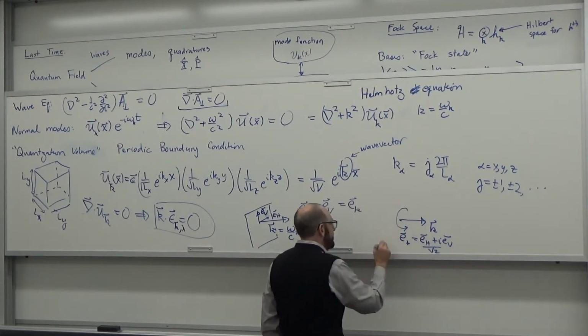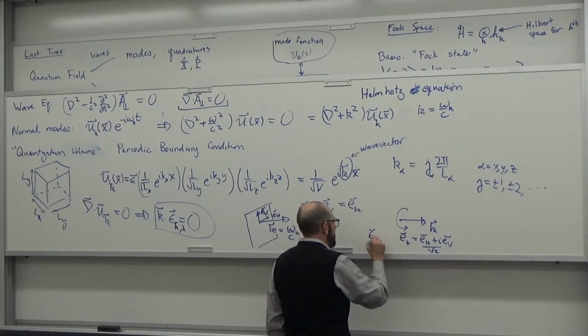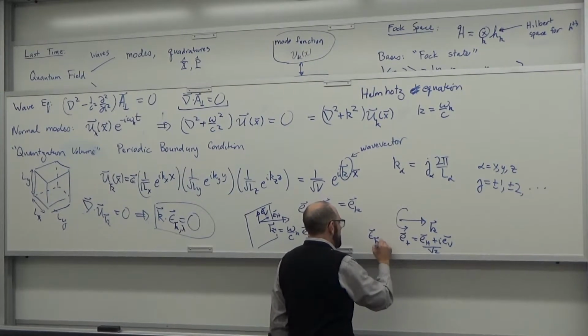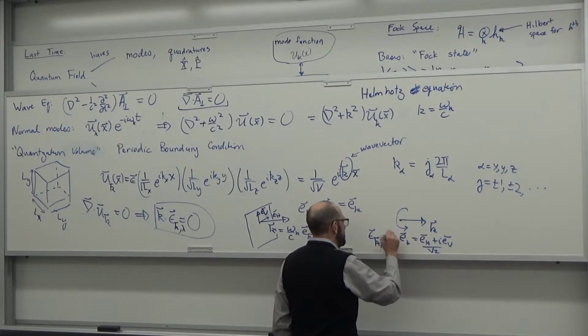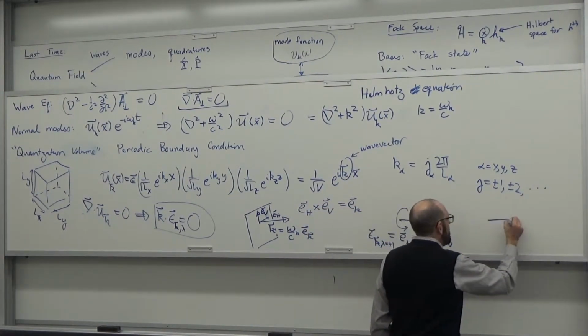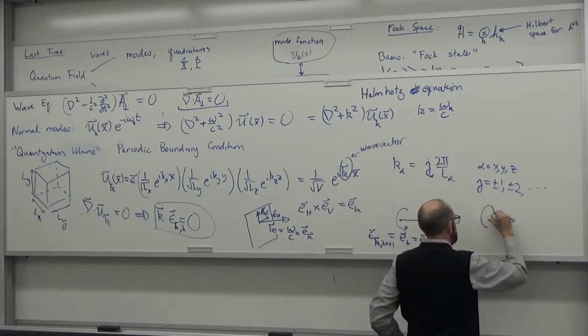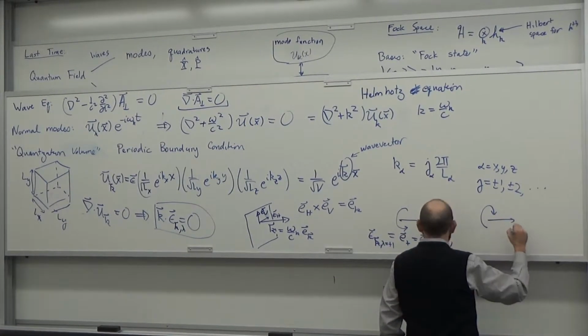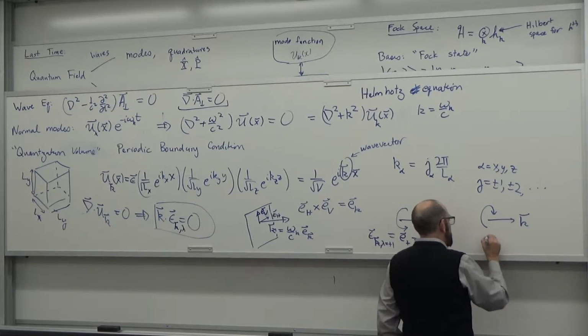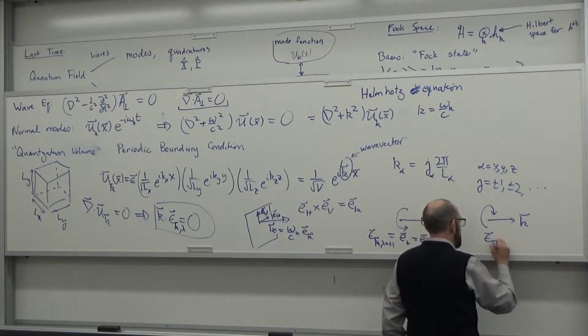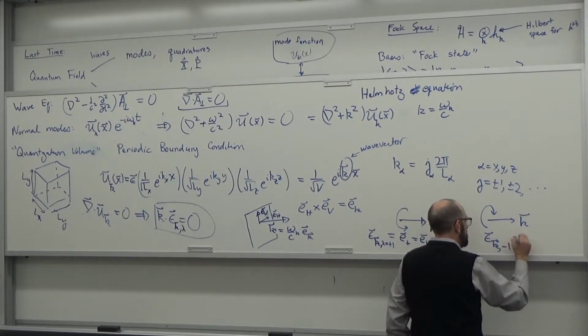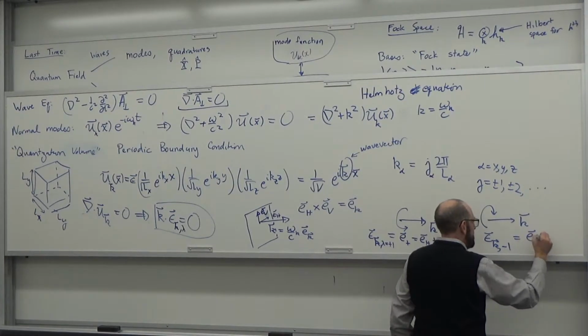So this is epsilon_k,lambda with lambda equals plus 1. Or the other way around. If the polarization is rotating like that, that's e_k with lambda equals minus 1, which is (e_H minus i e_V) over root 2.